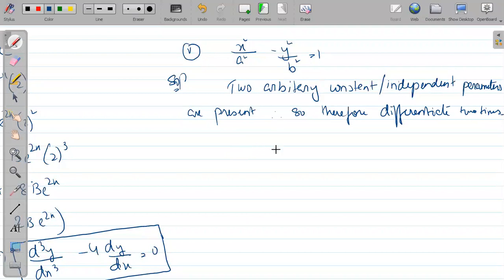On differentiating with respect to x, we get 2x by a square minus 2y y dash by b square equal to 0. Let's differentiate one more time. Let's do it this way. The 2 cancels out. So b square by a square into x square equal to y dash by x.